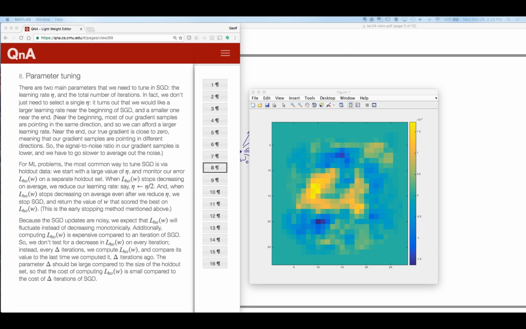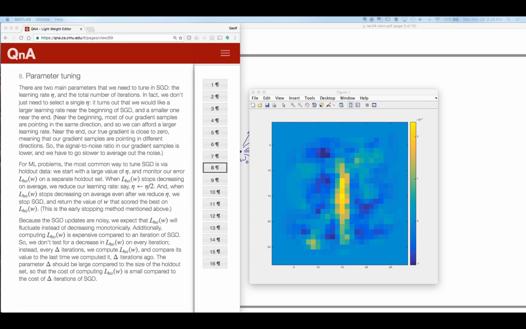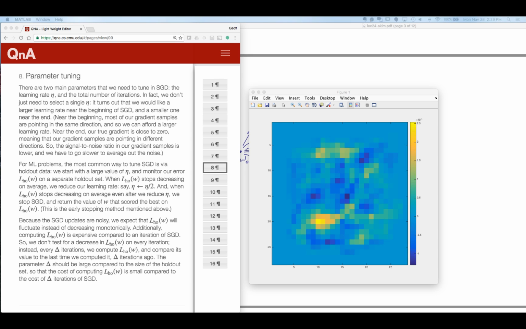Again, there's code for making this plot in the Piazza post. And if we try, here's what the 1 looks like. And you can see that it's positive in the vertical bar in the center where there's a 1. Here's the 2. You can sort of see a 2 there, right? So it's kind of interesting, right? Gradient descent has done something useful.